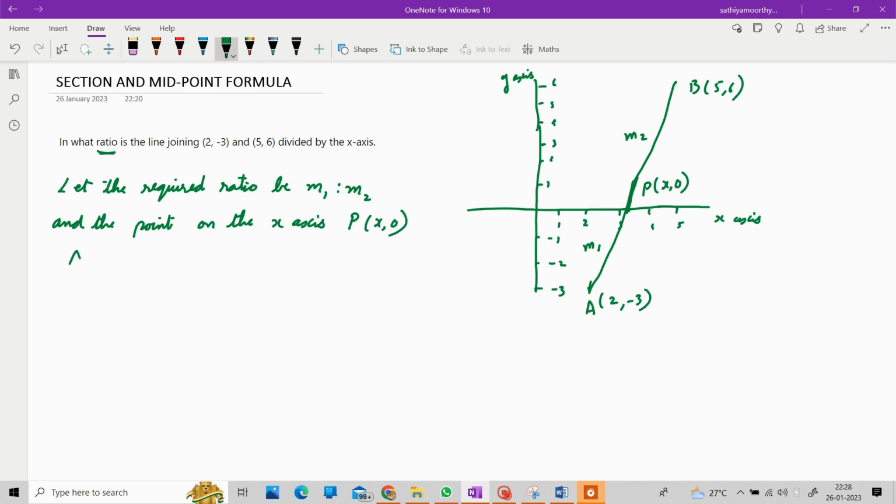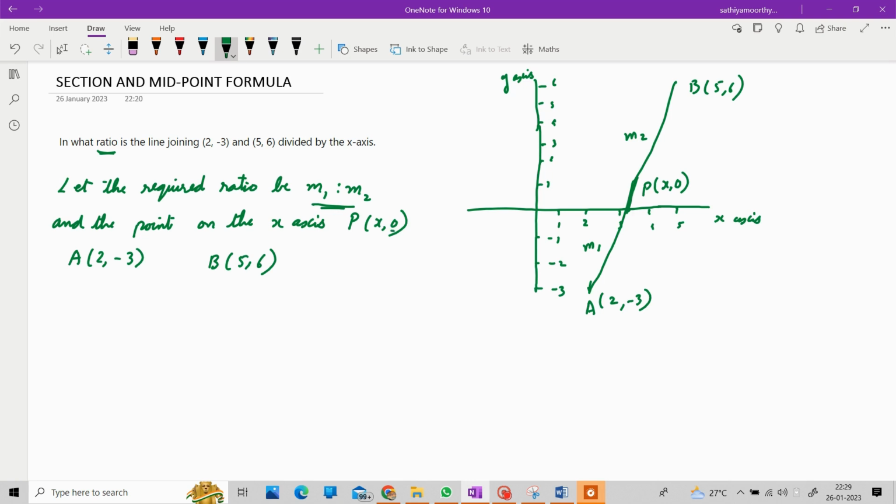Now the A coordinate is 2, minus 3, and the B coordinate is 5, 6. With these given values A, B, and the point P on the x-axis as x, 0, I need to find out the ratio m1 is to m2. In this, I know the y coordinate is 0.